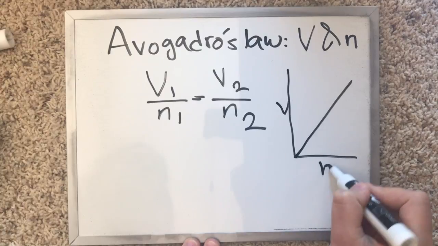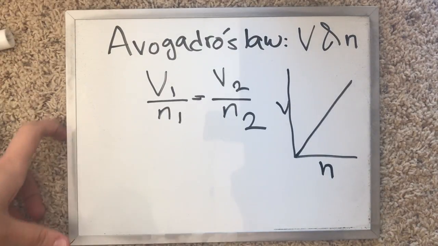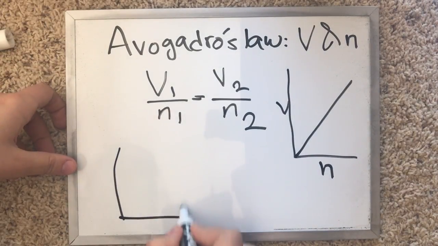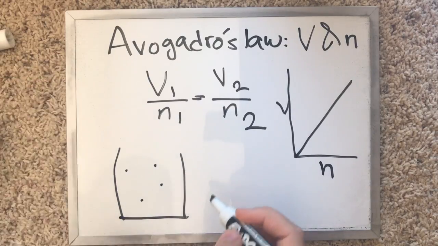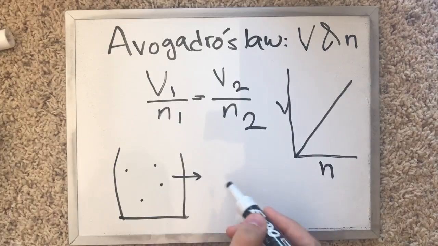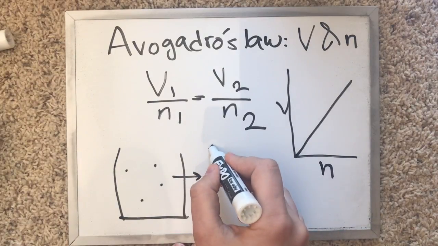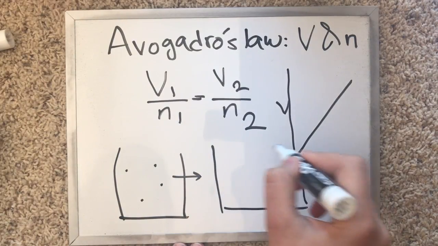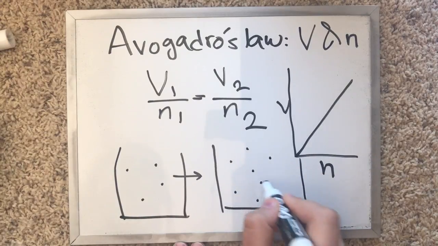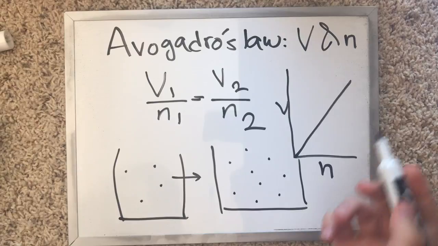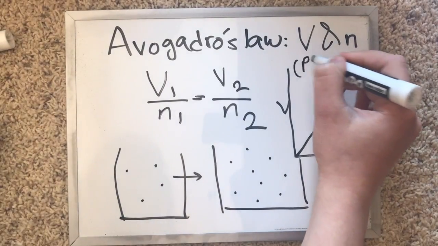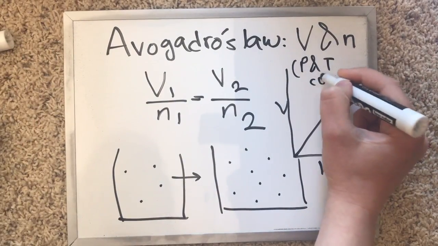Which makes sense, because if in a container we have, for example, 4 moles of gas, and we increase the number of moles to 8, then the volume has to expand. Remember that for this one, we're assuming the other factors are constant, so pressure and temperature are constant.